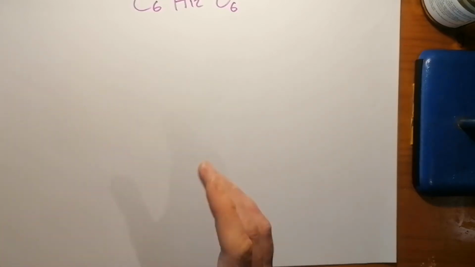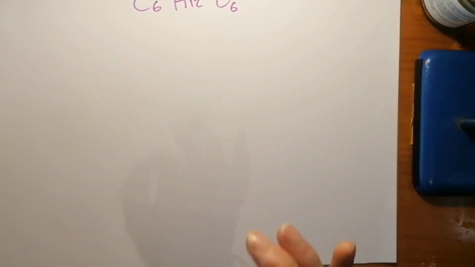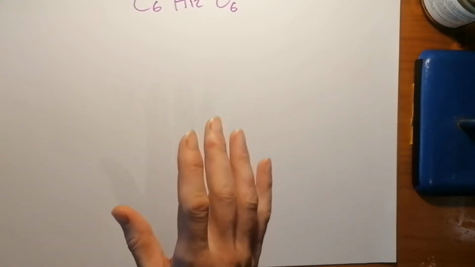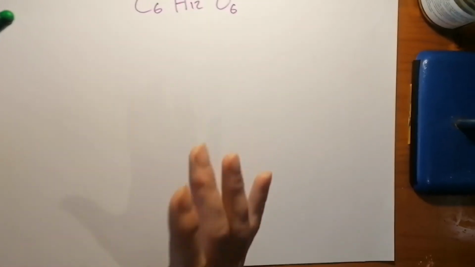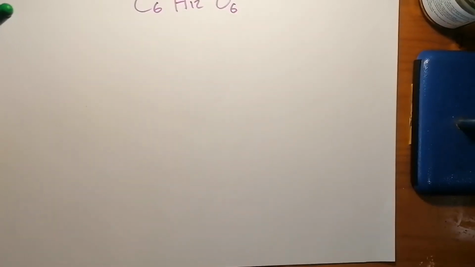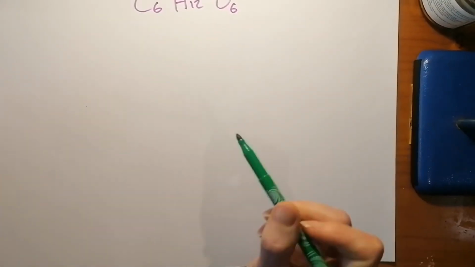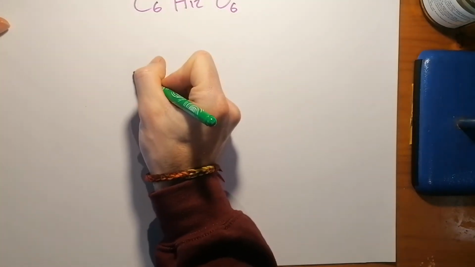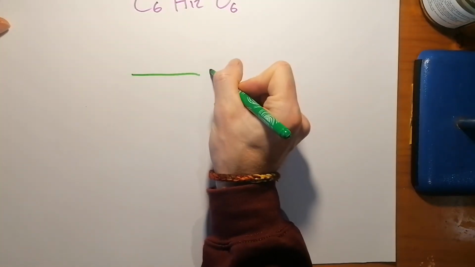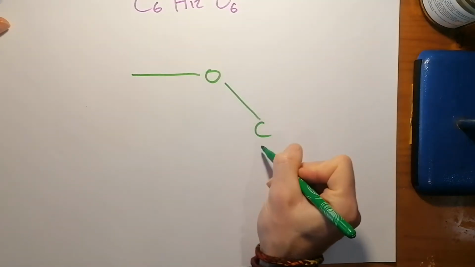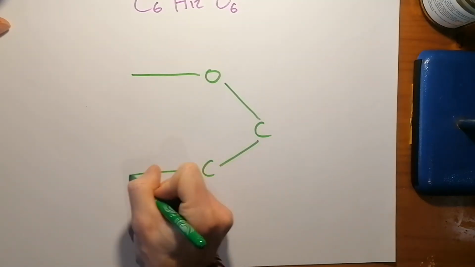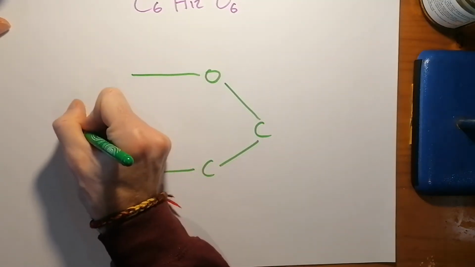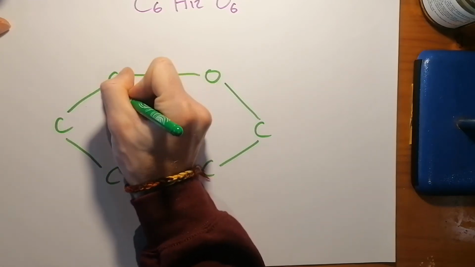So the first way I'm going to represent glucose is so you can see all of the carbons, hydrogens, oxygens, and all of the bonds. This is the full version, no shortcuts. This is what glucose would look like if you could actually see the molecules. So it would have an oxygen, a carbon, another carbon, another carbon, another carbon, and another carbon.